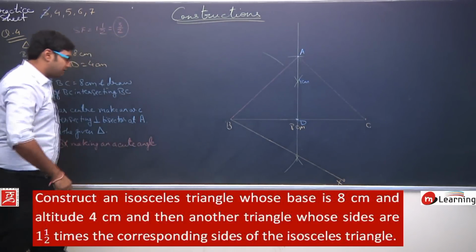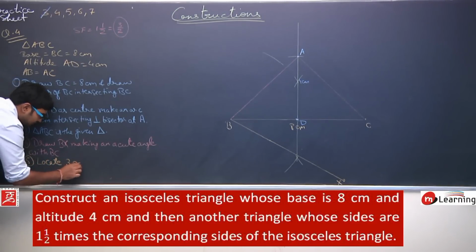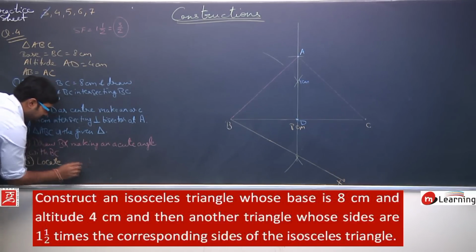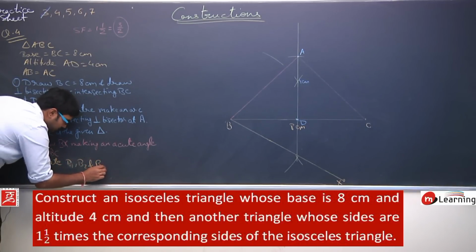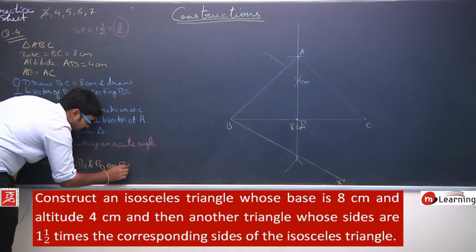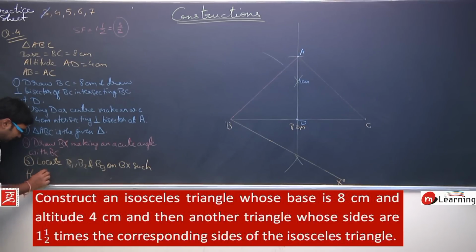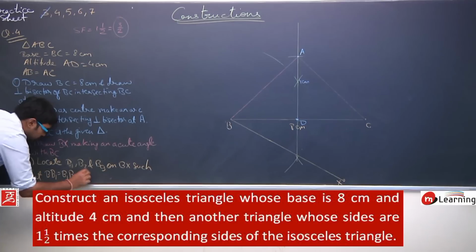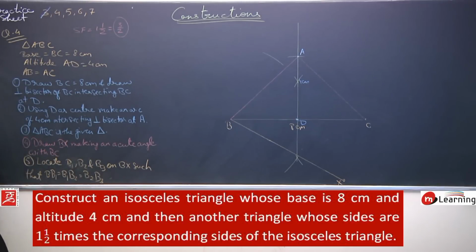So I will mark or locate 3 points, let us say, B1, B2 and B3 on BX such that BB1 is equal to B1B2 is equal to B2B3. So I will simply locate 3 points on this.